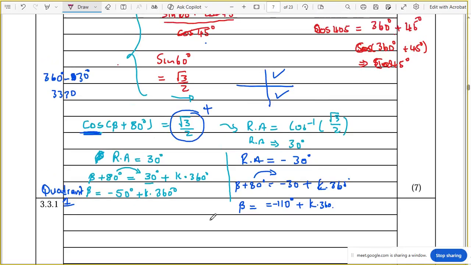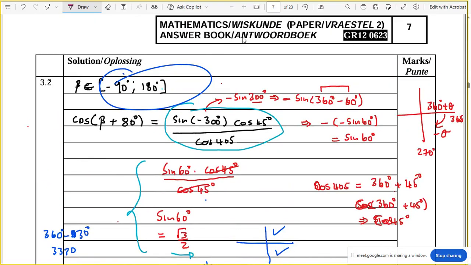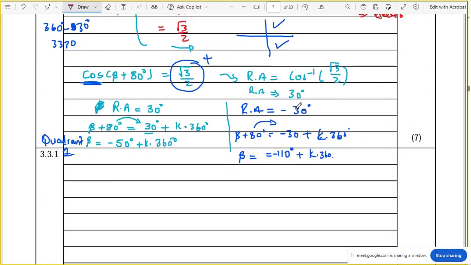When you solve for a general solution and you are given the interval, this is not where you stop. You're going to use these two equations here, this answer and that answer, to find the exact value of beta.